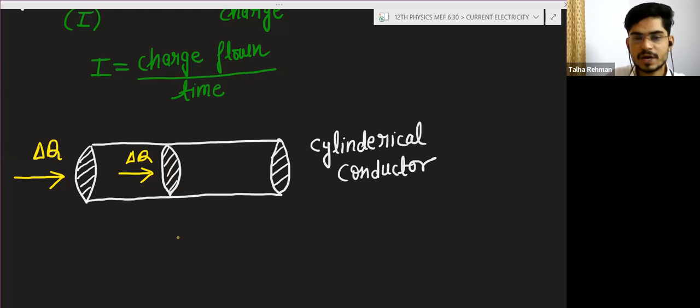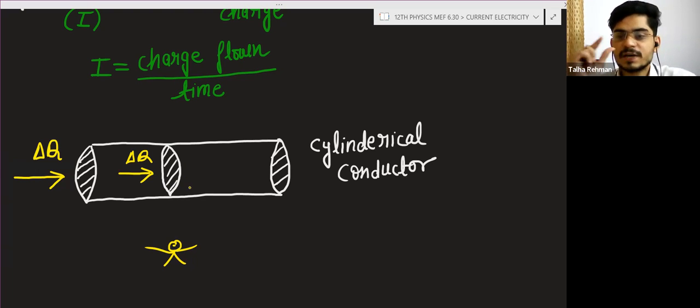And if you want to find the current, what should you do? Suppose someone is here, and this person is watching only this cross section area for a certain period of time. Like you can say for 3 seconds, he or she is watching this cross section area and notes that this amount of charge has flowed.